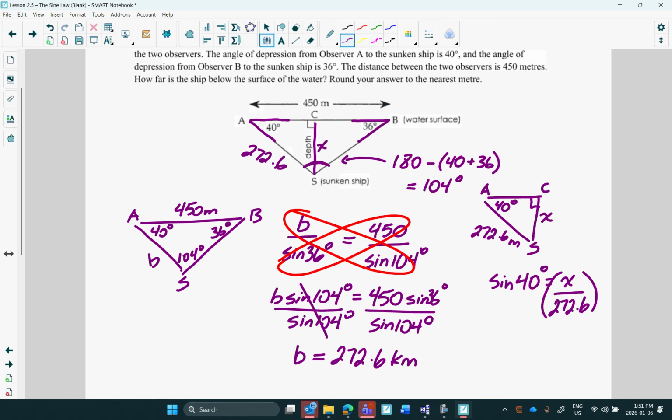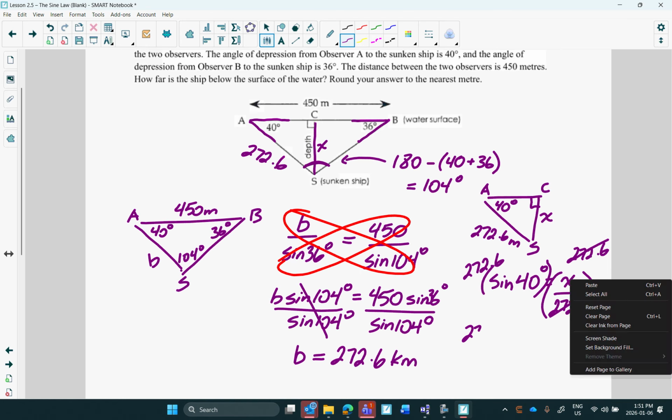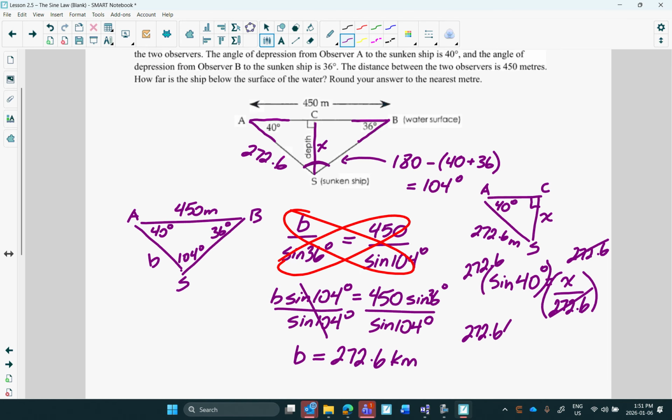Multiply both sides by 272.6 to get x by itself. So 272.6 times the sine of 40 is going to equal x. Pull out your calculator and do that, and you would get approximately 175 meters below the water surface.